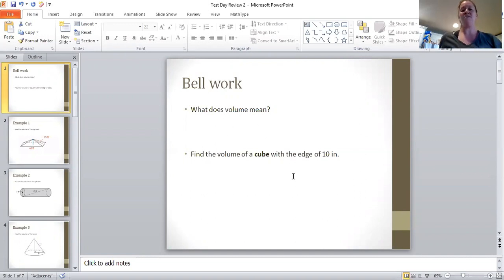So the first one is find the volume of a cube. First we have to talk about what the meaning of volume is, which basically we're just saying that volume takes up the inside space, right? We did area and that was just what's the outside, but volume is what's the inside.